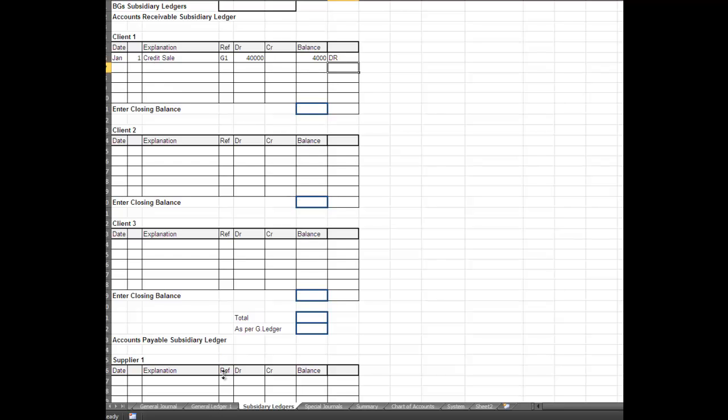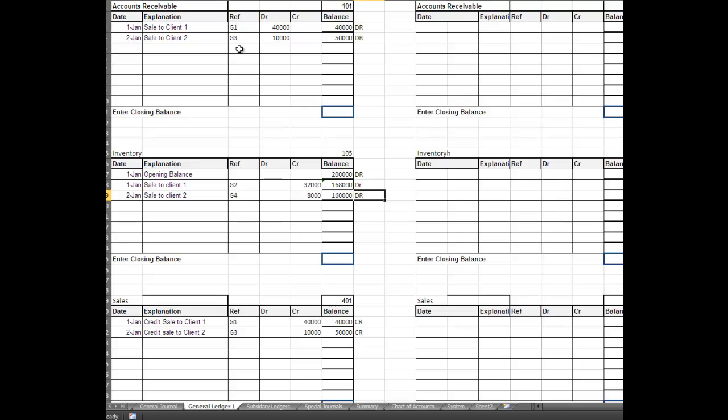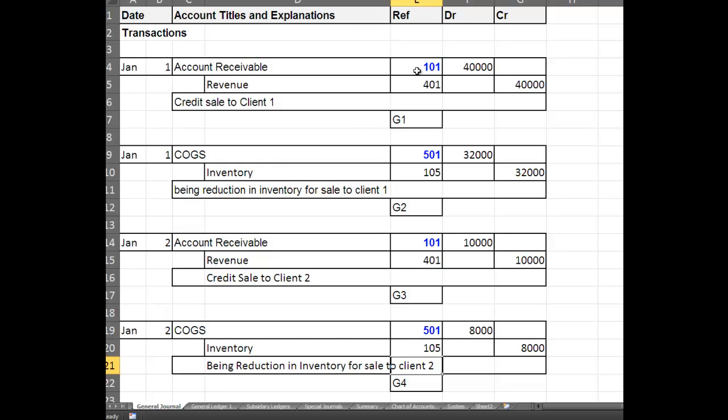Now to indicate that we've posted that, we would come back here, 101, account receivable, and we'd put in a tick. You see we don't have ticks. Well, seeing T's are easier than ticks, we put in a T. So 101 means we've posted it to the control account of accounts receivable, 101, and we've posted it, the T, to the subsidiary ledger.